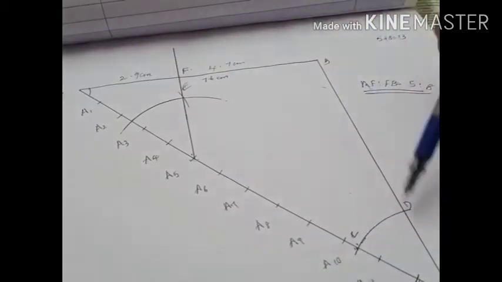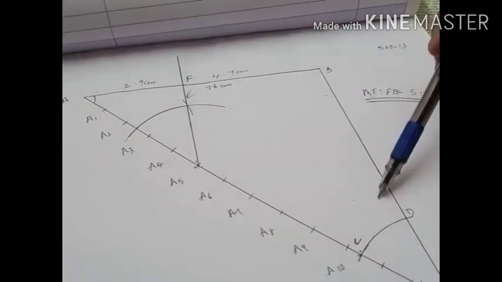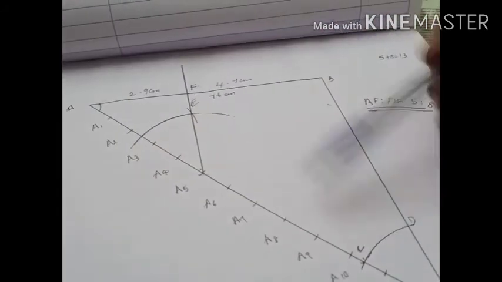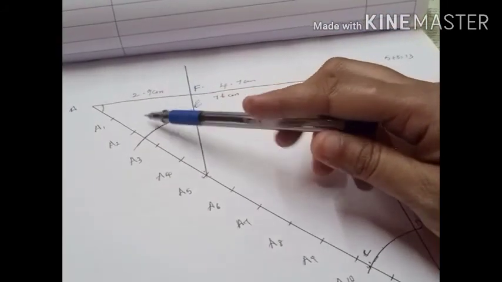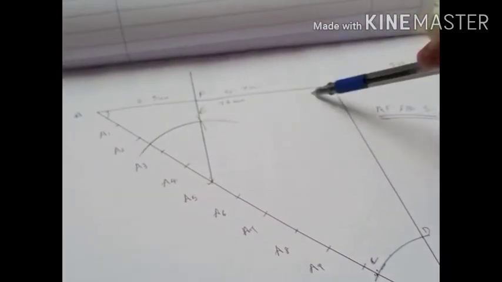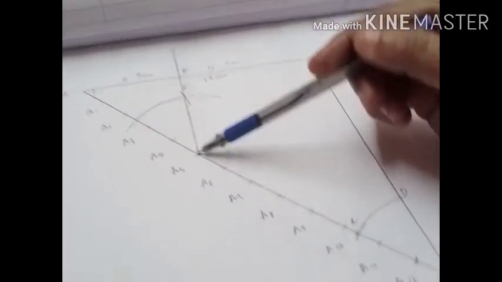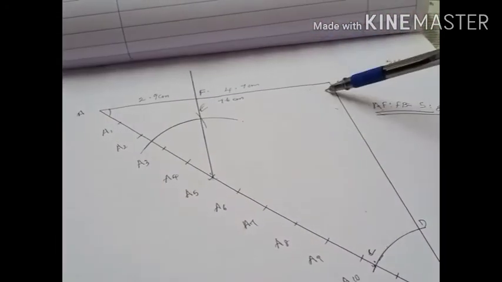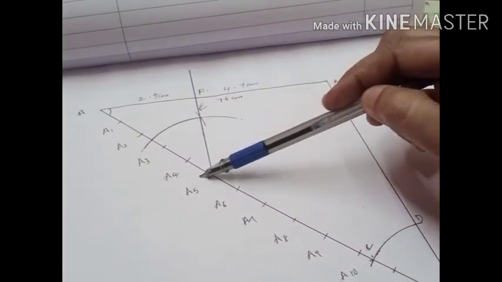We constructed them like parallel. So we can use the basic proportionality theorem. So by the basic proportionality theorem, what can we write? AF by FB equal A A5 by A5 A13.